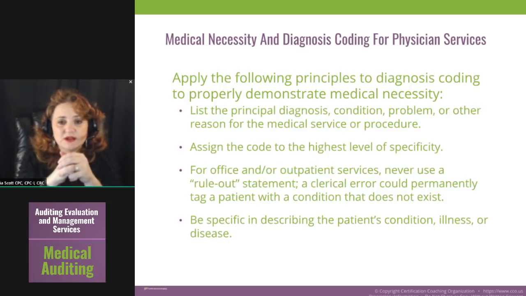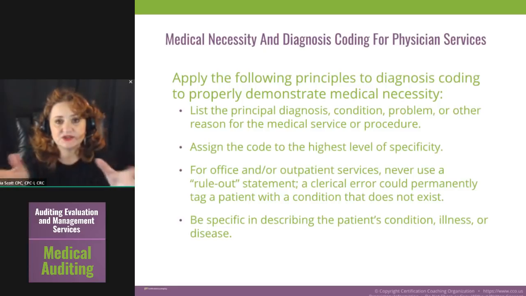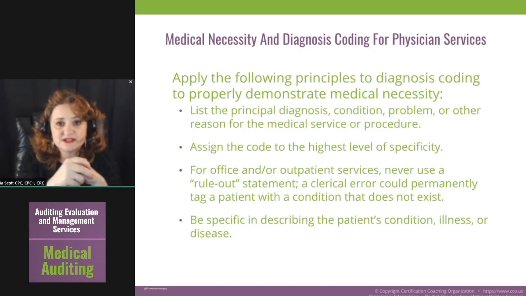Other reasons for medical services and procedures: the patient also has Meniere's disease, which makes them dizzy. And so all of those are contributing factors that give us medical necessity to have additional services and tests being done. And we're going to then code to the highest level of specificity.